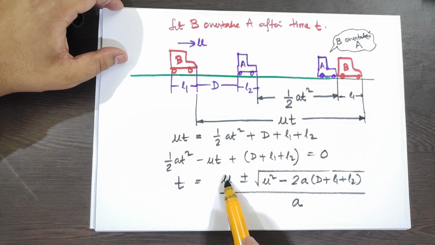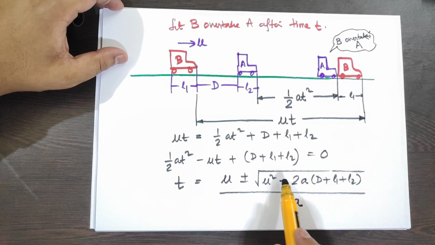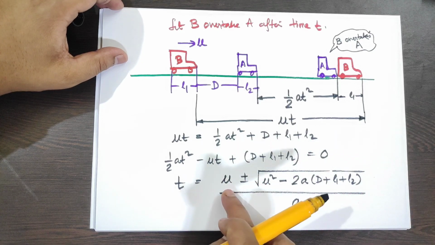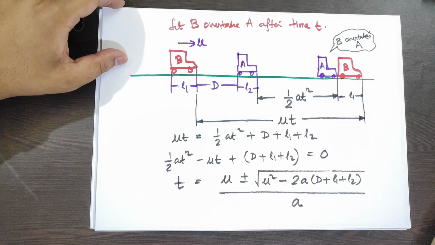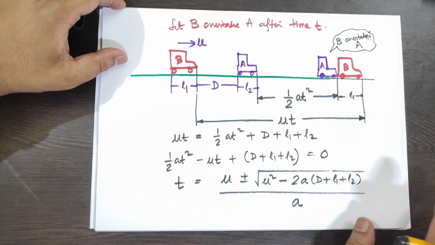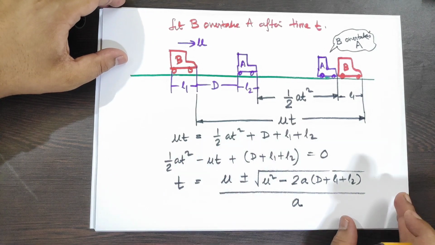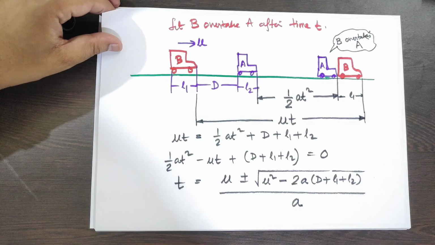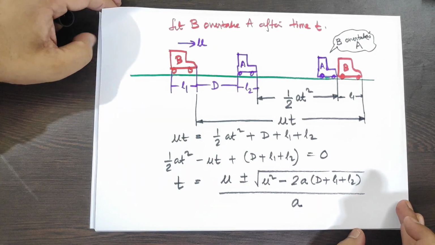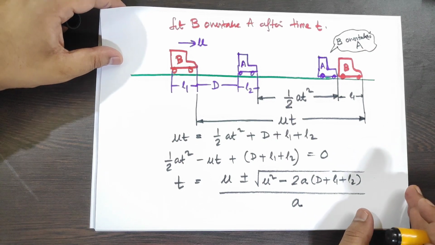Because this is u plus minus root over of u square minus something, and this root is less than u, so time is not taking a negative value, so they will meet at two values of time. So you can have two answers, obviously no problem with that.